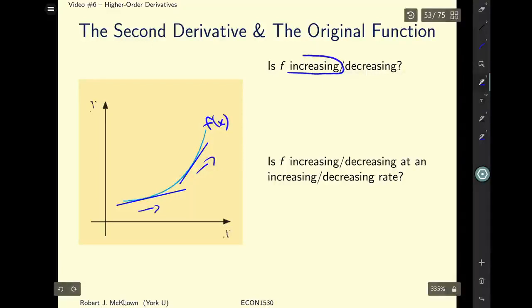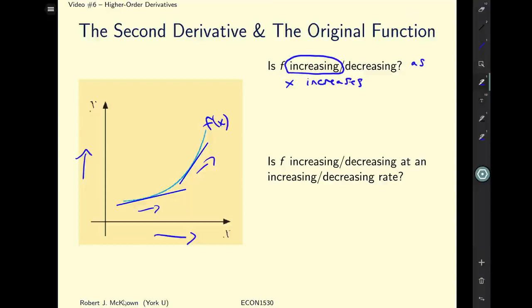Well, it's increasing, right? It's getting bigger as x increases. As x gets bigger, y is getting bigger. And if that's the case, then f prime is greater than 0. The rate of change in this function is positive.